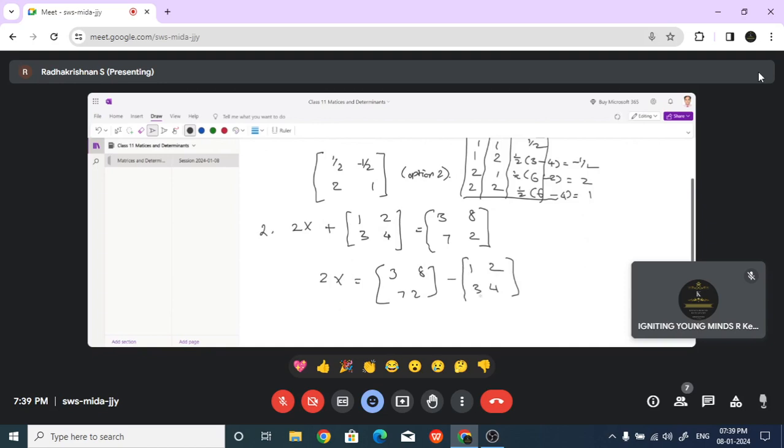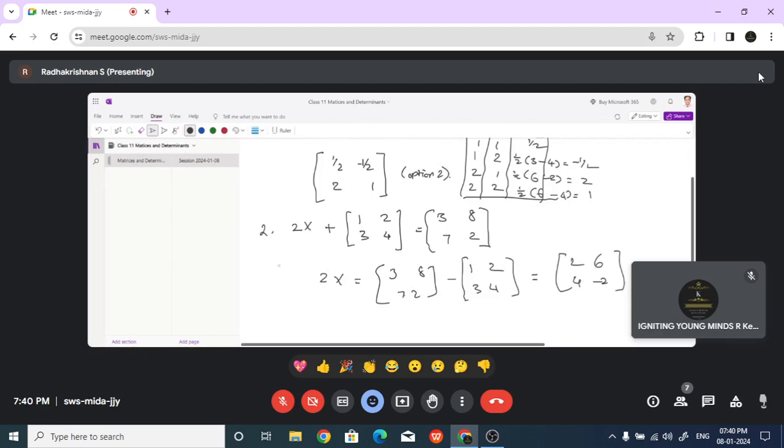What is this subtraction? Matrix subtraction is taking the difference of the corresponding terms, and matrix addition is taking the sum of the corresponding terms. 3 minus 1 is 2, 8 minus 2 is 6, 7 minus 3 is 4, 2 minus 4 is minus 2.